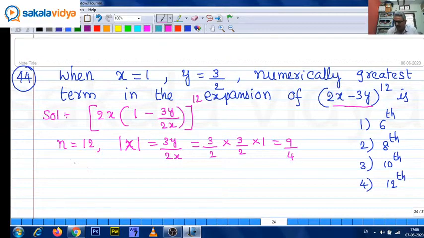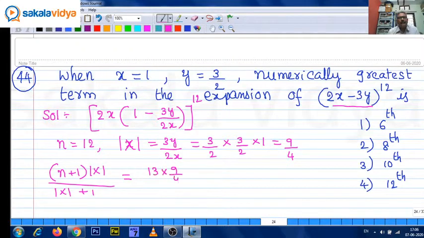Okay, let us find out (n plus 1) mod x upon (mod x plus 1). It will decide which term of the given expansion is the numerically greatest term. Here n value is 12, so 13 into 9 by 4 upon (9 by 4 plus 1).